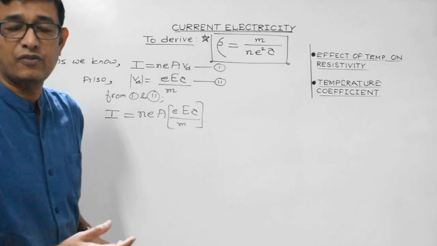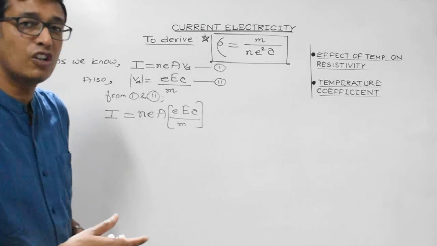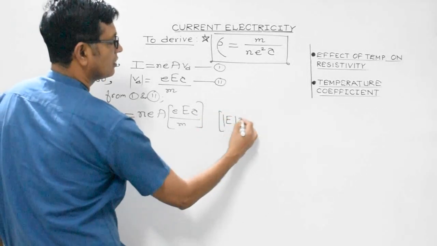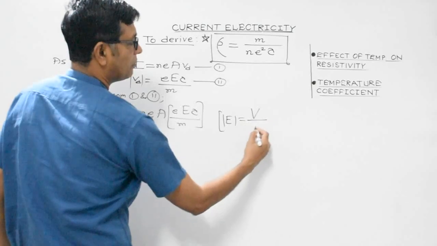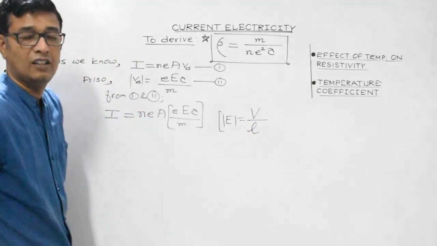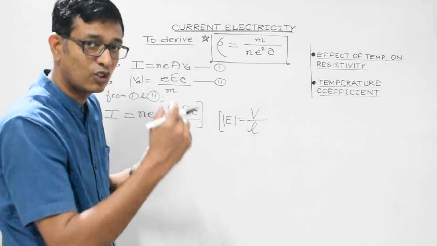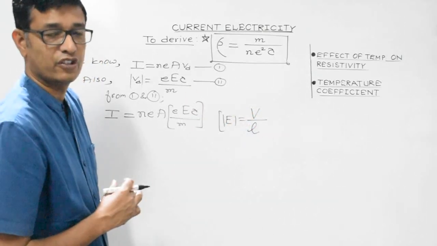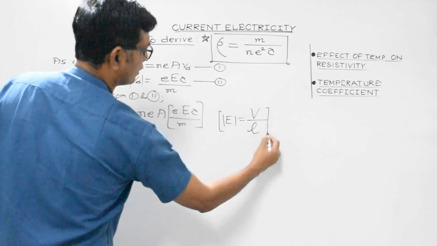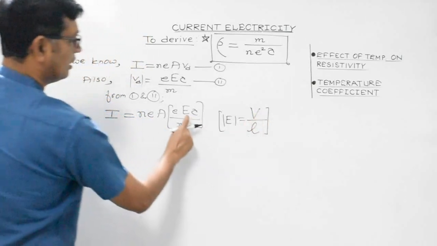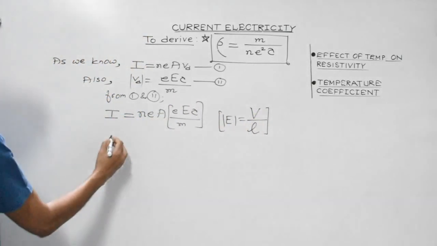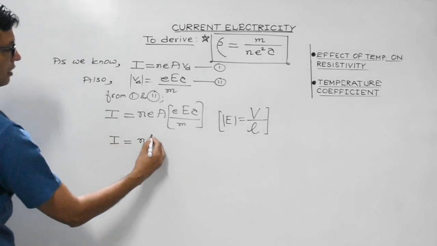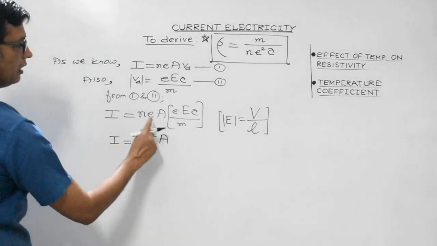You are aware, electric field is the negative of the potential gradient. So the electric field in magnitude is the potential difference divided by the length of the conductor. V is the potential difference applied across the ends of the conductor. L is the length of the conductor under consideration, right? So we are aware of this also. So let's represent E in terms of the potential difference. So what you get is I equal to n e square A.